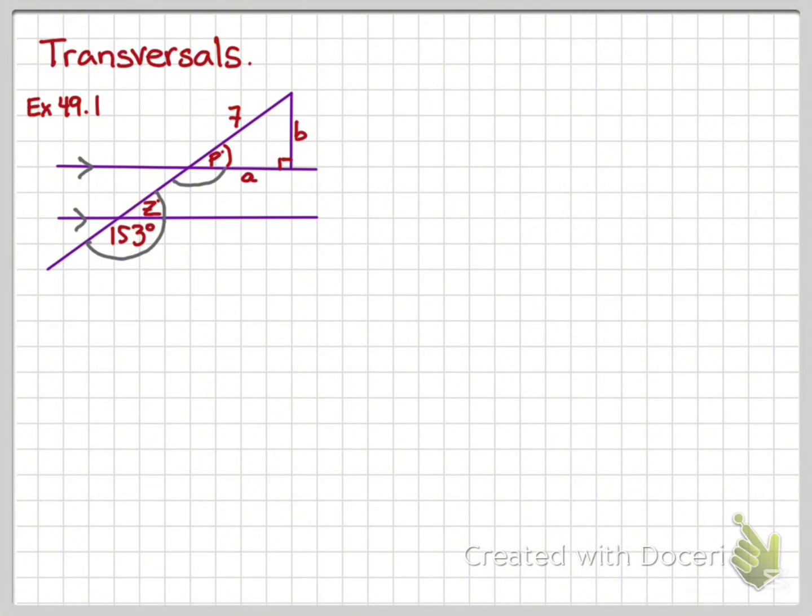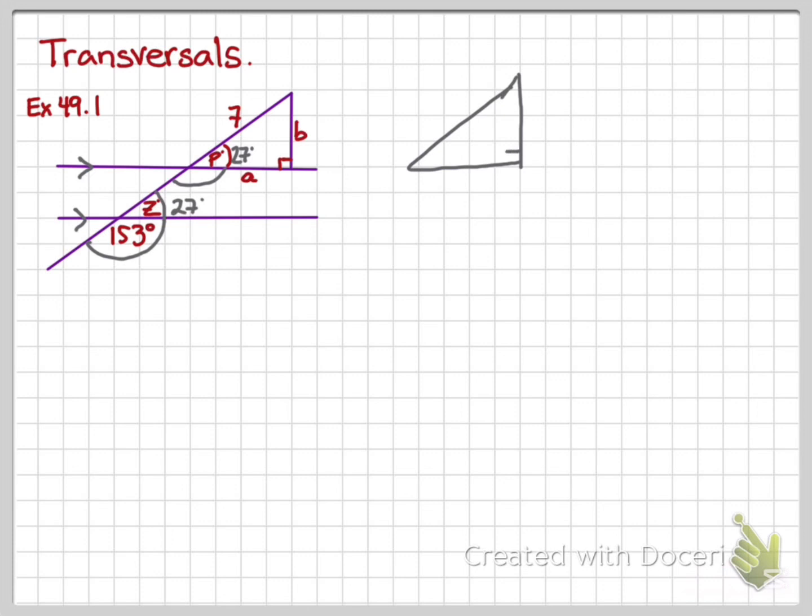So if I subtract 180 minus 153, the answer is 27. And that 27 is the same for z and for b, because of the same thing that we've talked about transversals and the angles formed with parallel lines.